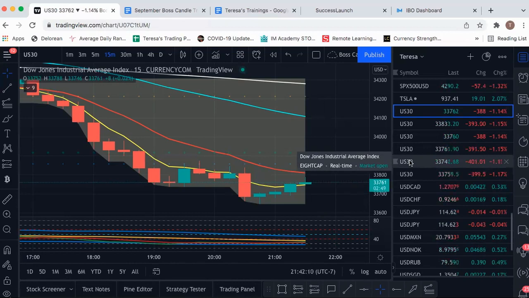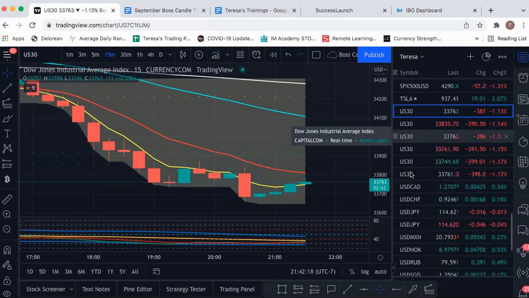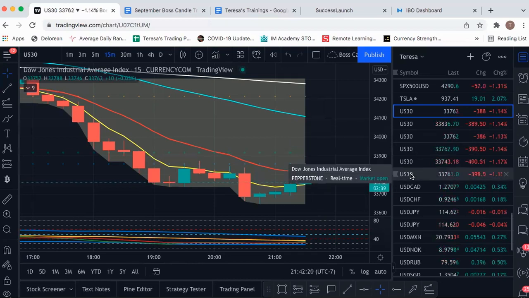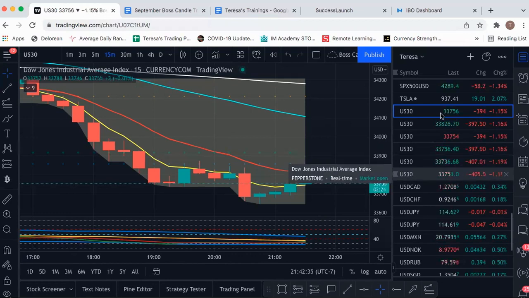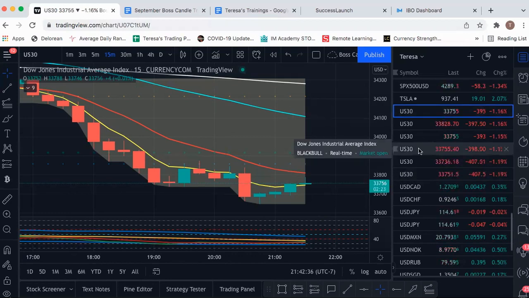That's about 20 points lower than currency.com and capital.com. Then there's Pepperstone, which is pretty close to the majority of the other ones. So Global Prime was off by the most, and then 8cap is also off by a good 20 points compared to the other one. So anyways, I think you get my point, okay? Every broker's price feed is different.